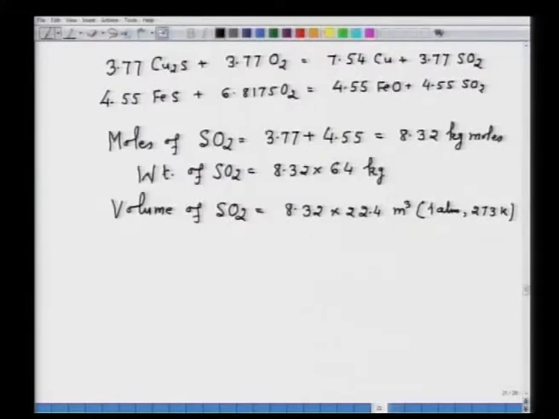You can straight away calculate the moles of oxygen, that will be 3.77 plus 6.8175. You divide by the composition of air, in which oxygen is 0.21, and you get the moles of air. So, you can get so much information from the balanced chemical equation. That was the idea of solving this particular problem.